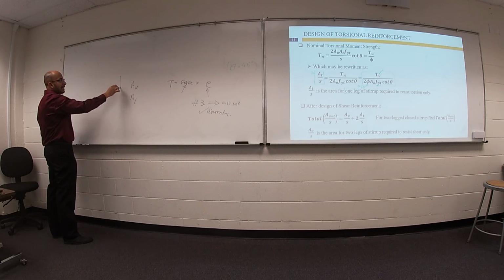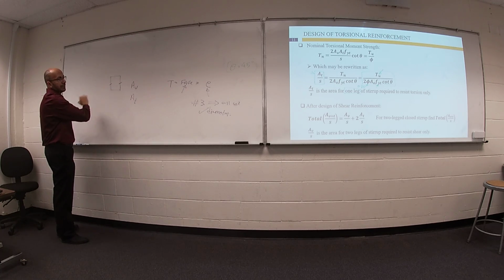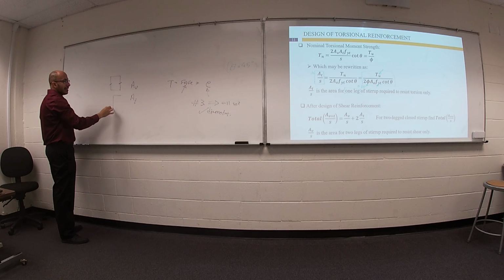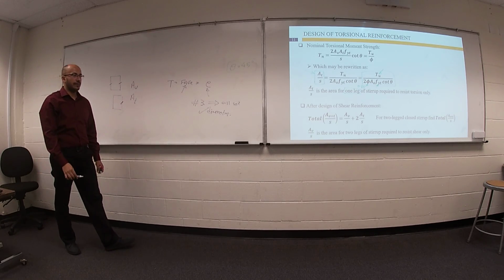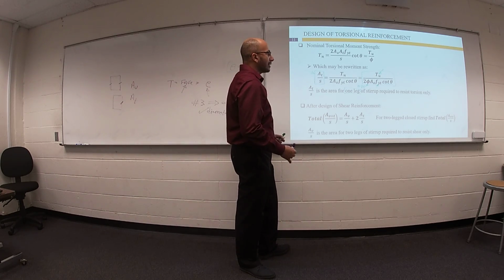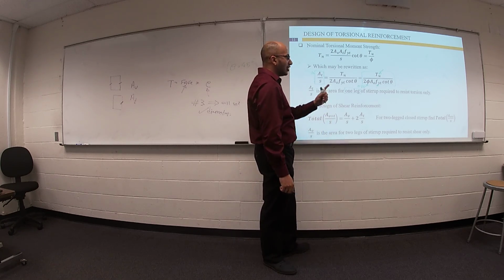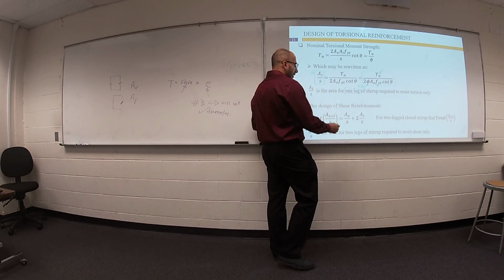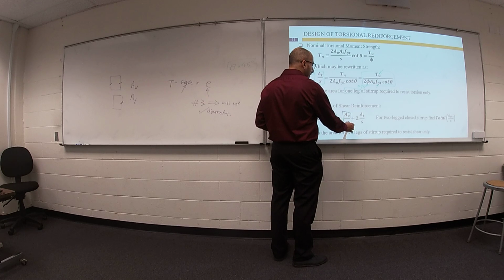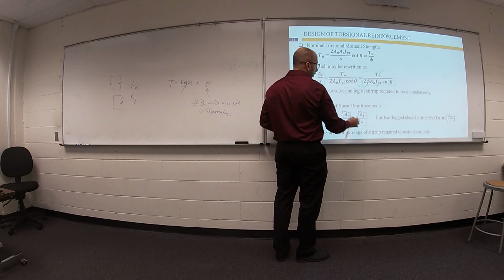AV is the area of two legs or all of the legs of your stirrup. AT is the area of one leg only. If you would like to get the total area required to resist shear and torsion, here is your value from shear and here is your value from torsion times 2.